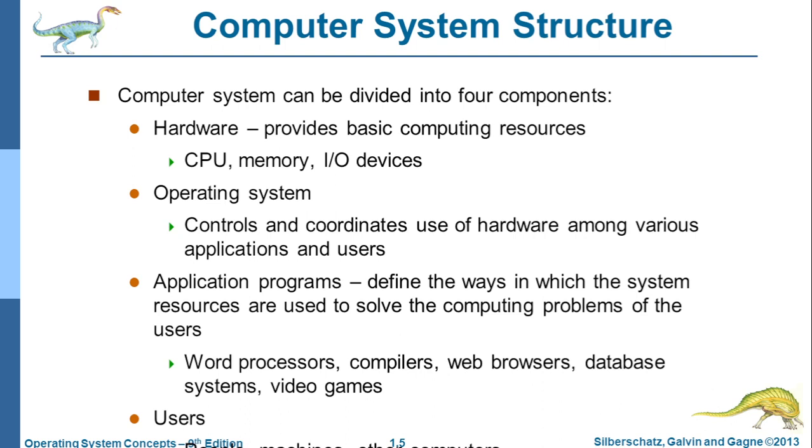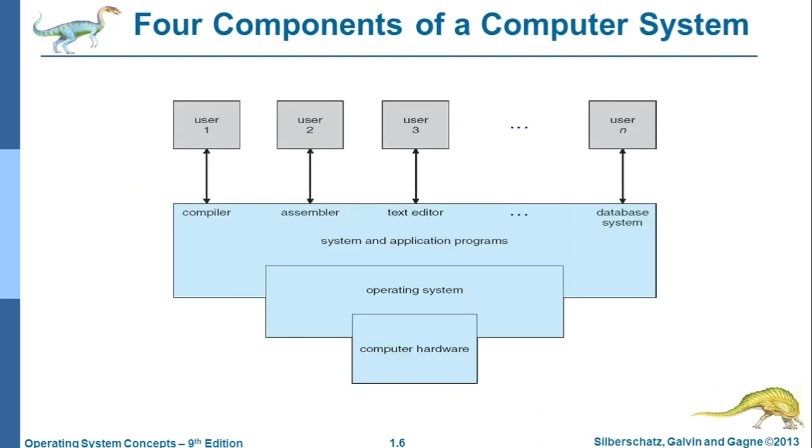These software are called application programs. They are different from system software. Operating system is a system software, but application programs are not system software. And the fourth part is users. Users means the humans who are controlling the computer, right? Okay. So these are the four components.